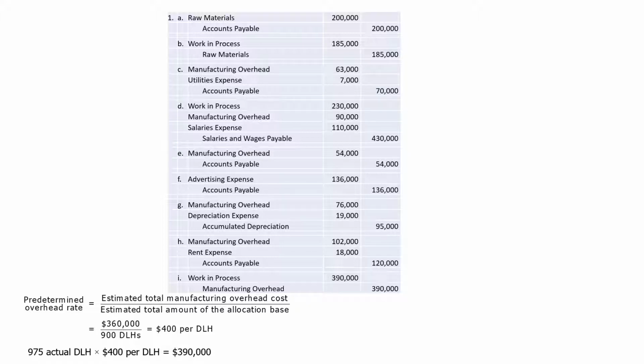The actual direct labor hours given in Part D are 975. So 975 times 400, we will debit work in process or apply $390,000 of the manufacturing overhead to work in process, and then credit the manufacturing overhead T account $390,000.